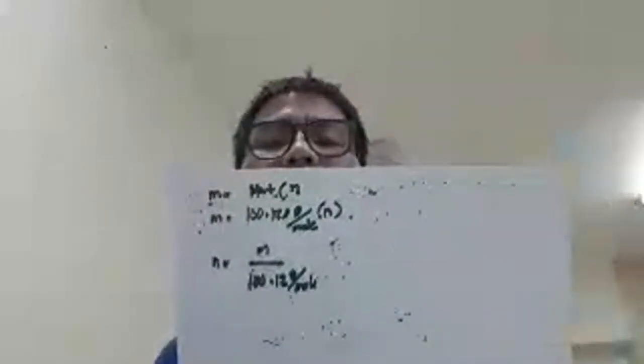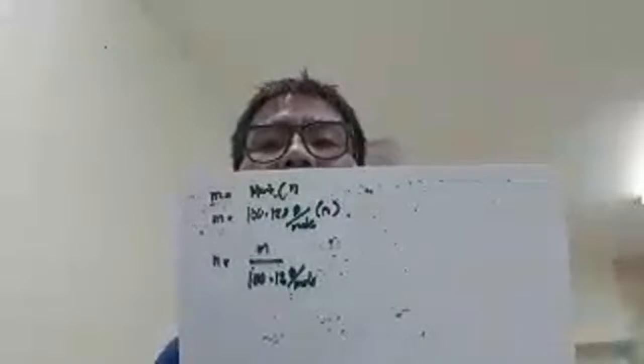So n is equal to the molar mass divided by the molecular weight of 100.128 grams per mole. The number of moles is the molar mass divided by the molecular weight of heptane.